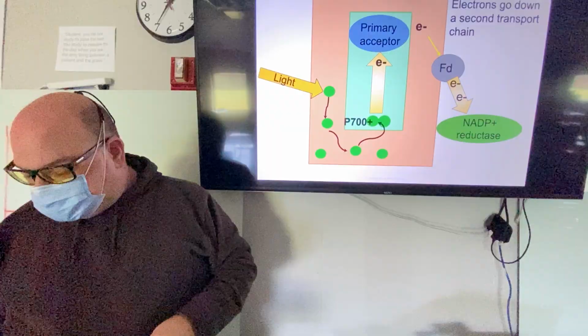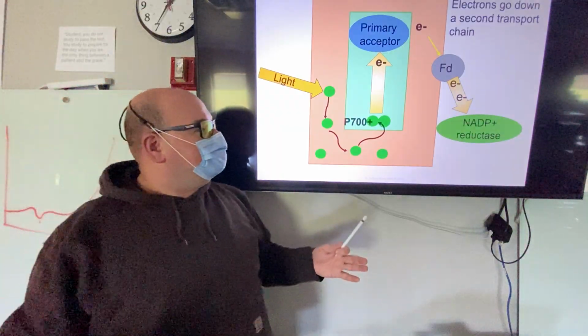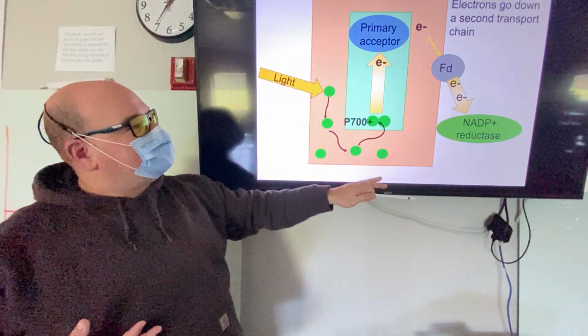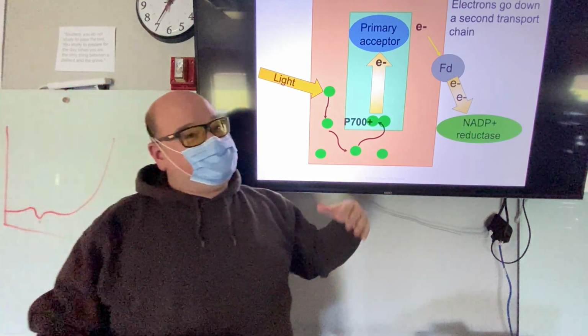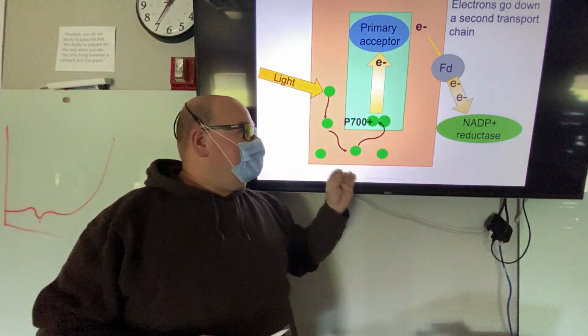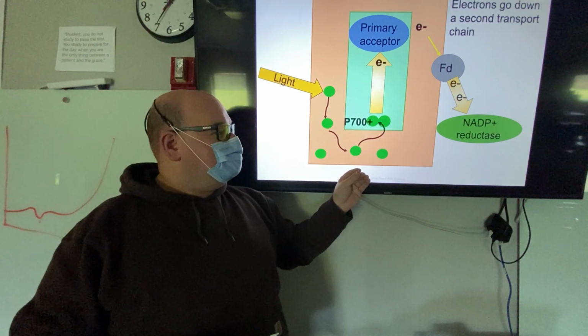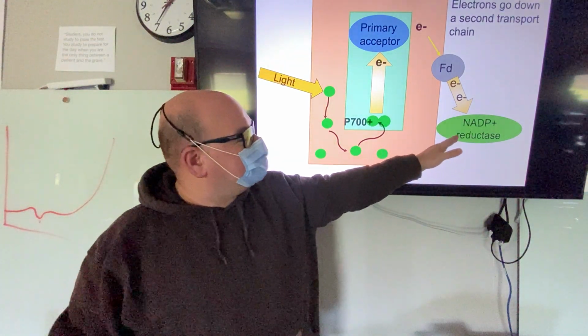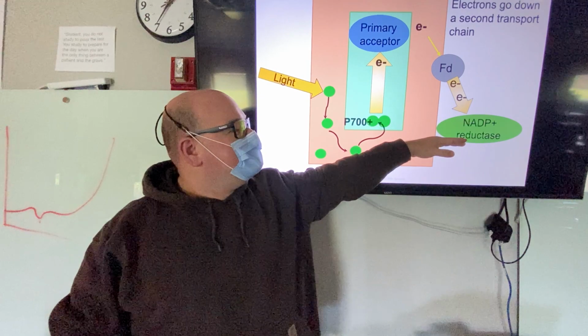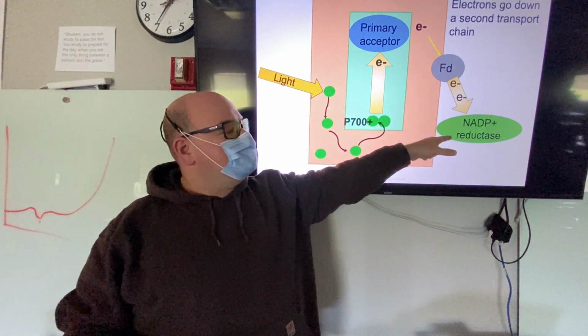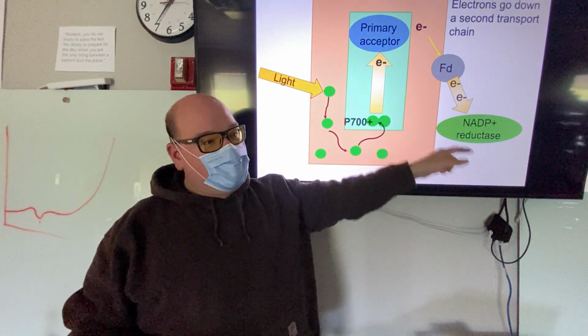All right. Well, what is that energy going to do? When that energy comes back down, they go to a second electron transport chain. And the one thing I don't like is I wish this was on the top so that you knew this was happening outside the thylakoid.